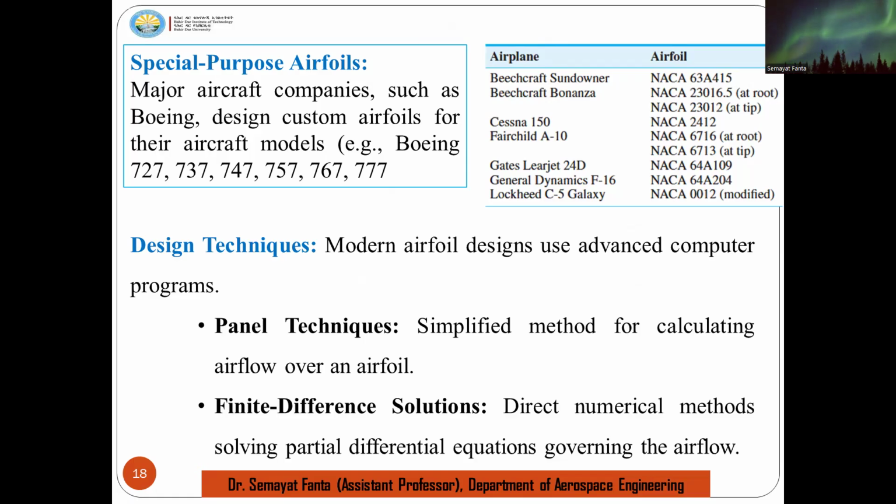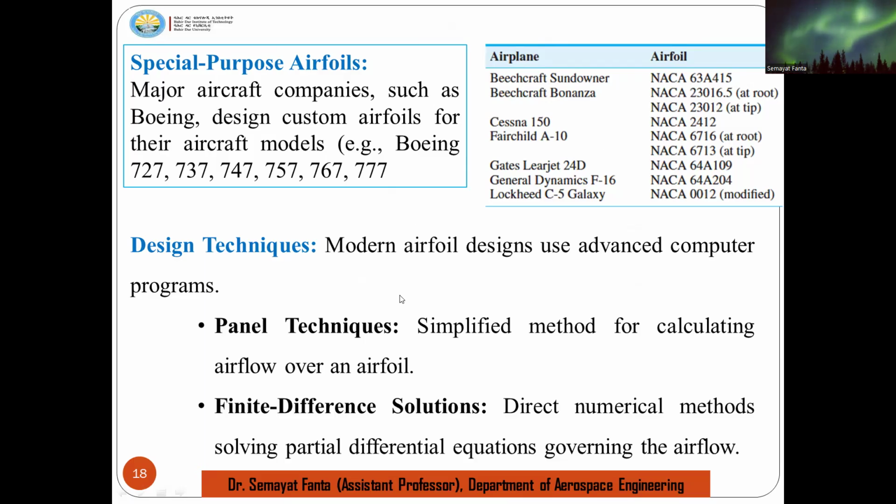Different aerofoils, for example the Beechcraft Sundowner, we have NACA 6-digit. Cessna 150, we have 4-digit. Lockheed Martin C-5 Galaxy, for example, we have the symmetric aerofoil NACA 0025. So these are just the designations.